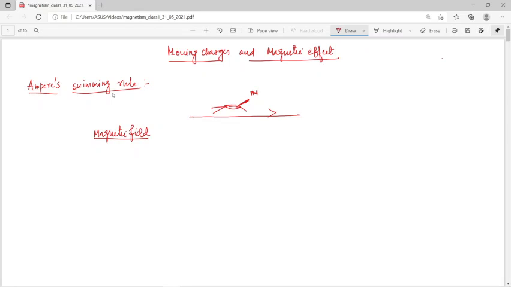The strength of the magnetic field, or magnetic flux density, or magnetic induction, or magnetic vector, is generally denoted by B. The SI unit of B is Tesla, and the CGS unit is Gauss, where 1 Gauss equals 10 to the power minus 4 Tesla. That is the basic thing.